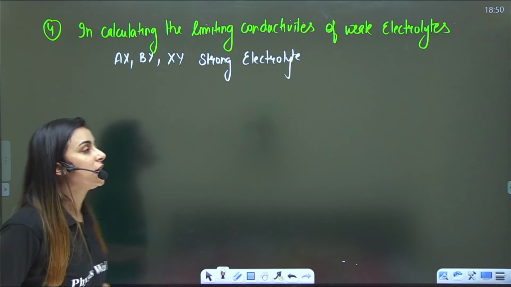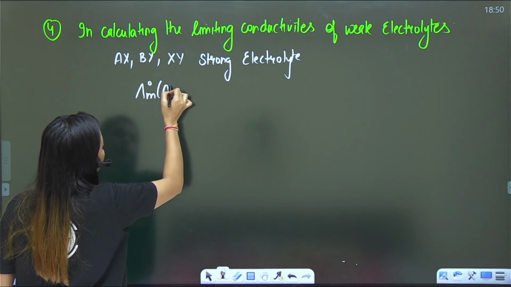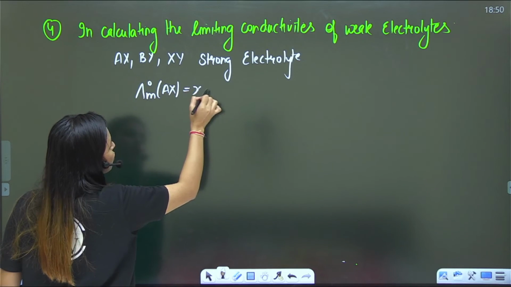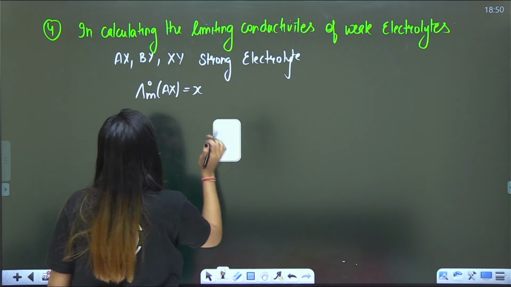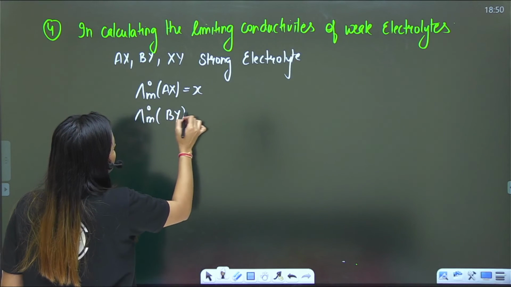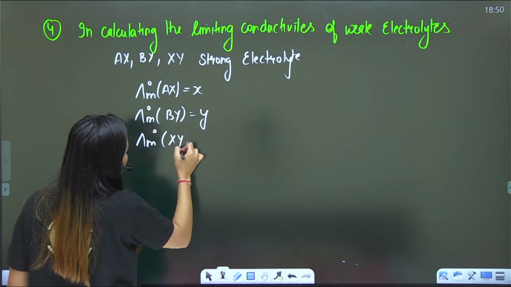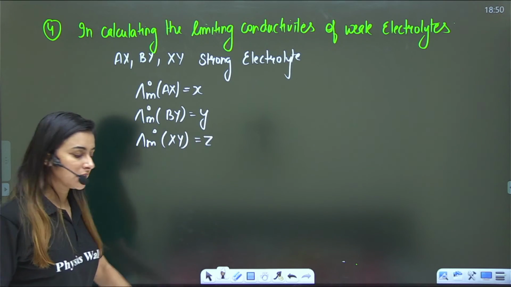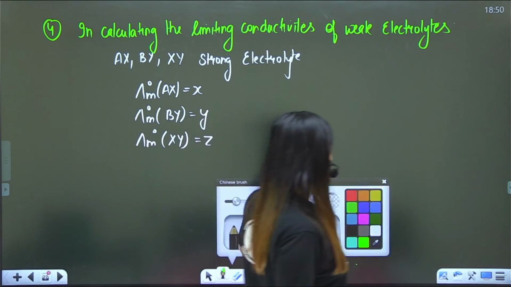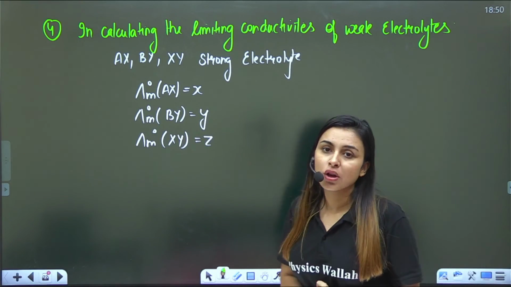So can I say that the limiting molar conductivity of AX, let's say, is equal to X. This is what we know. Let's say the limiting molar conductivity of BY is equal to Y, and the limiting molar conductivity of XY is equal to Z. Okay, see, now this is something that we can calculate from the graph because these all are strong electrolytes.